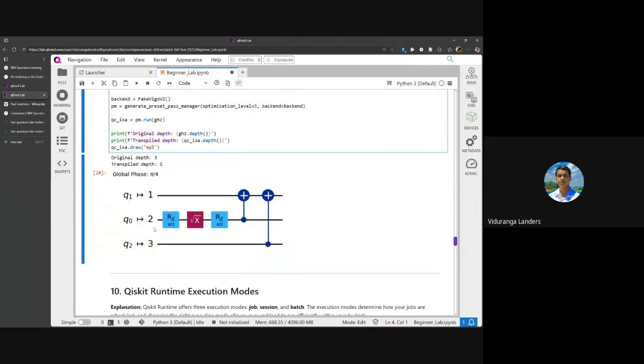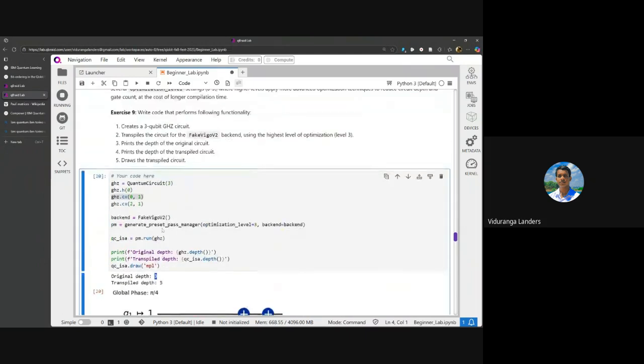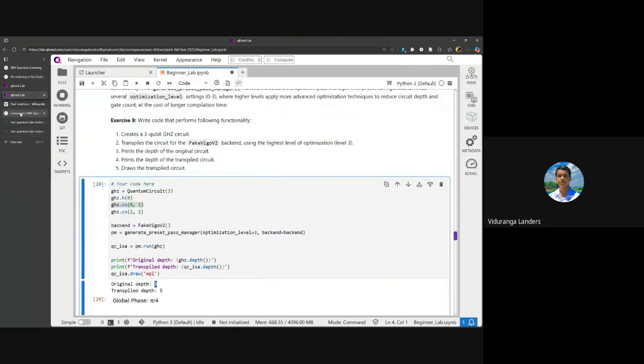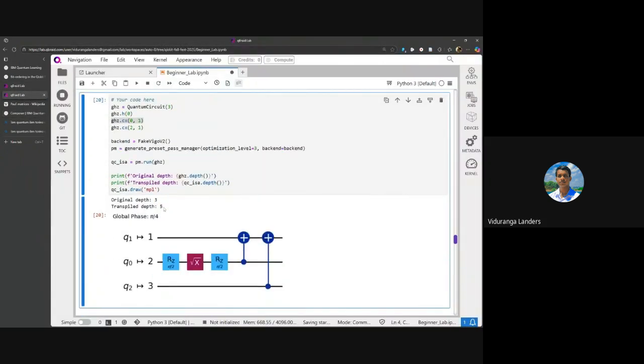That's a different mapping of these qubits, but the result that you are going to get is mapped back to your own circuit, right? So the original depth, which means the number of gates in the linear fashion, is 3, but here the depth is actually 5.